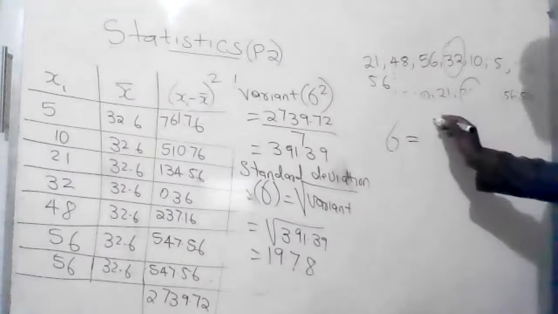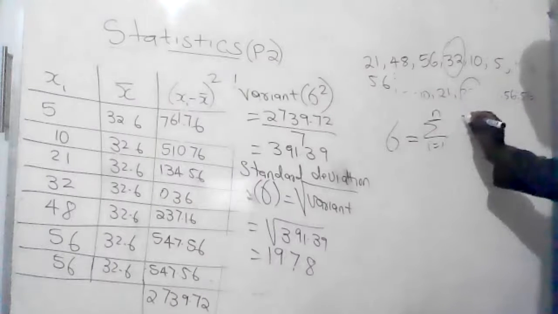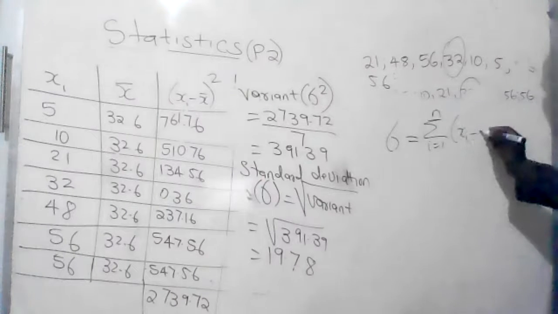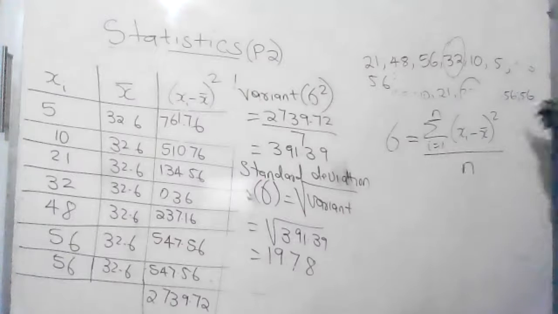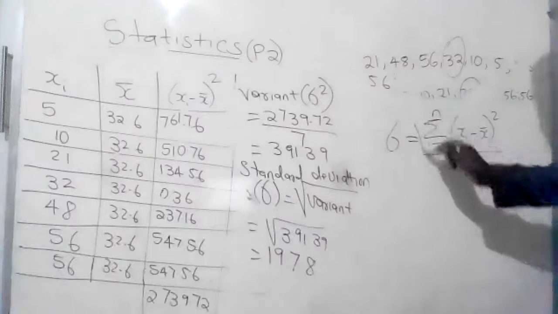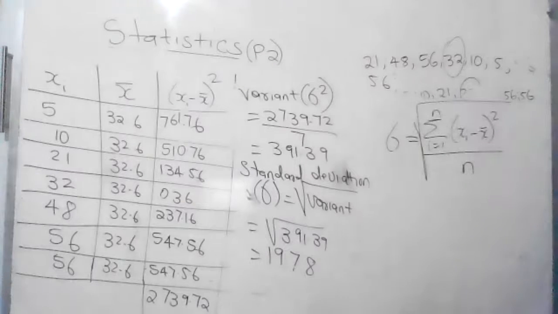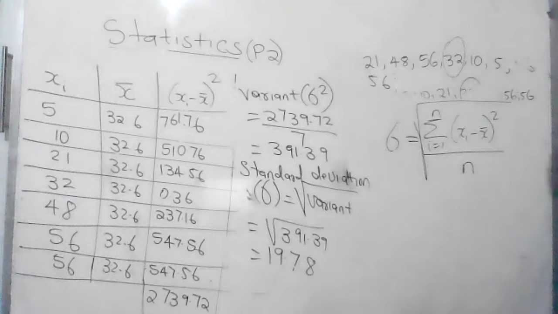So now the standard deviation is given by the summation from i equal to 1 to n of (xi minus x bar) squared, all divided by n. And the root as well. So this must be under the root. That will be what is called the standard deviation, the formula of the standard deviation.